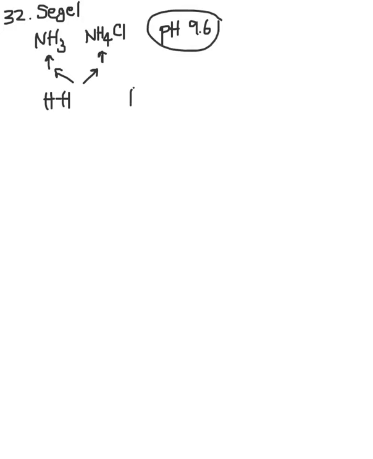So talking about the ammonia and ammonium chloride, I would like to start from ammonium chloride because ammonium chloride in water will be ammonium ion, and then it can protonate to give you ammonia and proton.